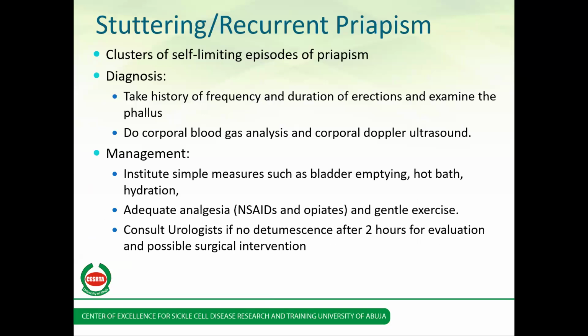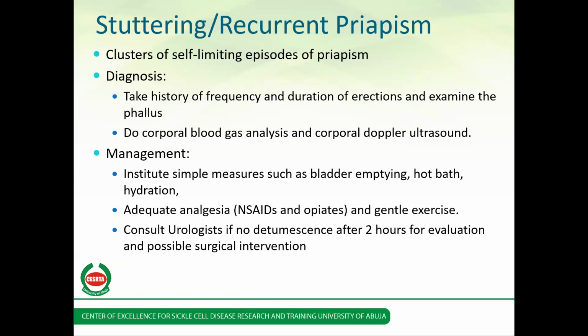Stuttering or recurrent priapism. That is a counterpart of the acute complication of priapism. There are clusters of self-limiting episodes of priapism. Diagnosis involves taking history of frequency and duration of erections and examining the phallus.